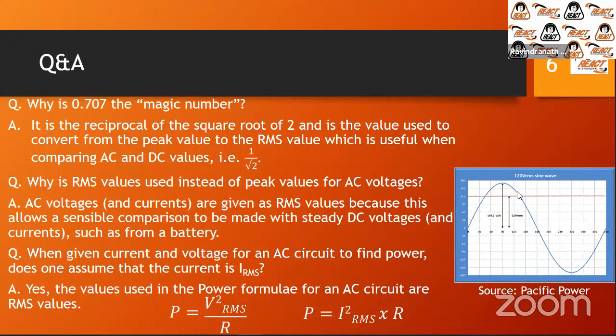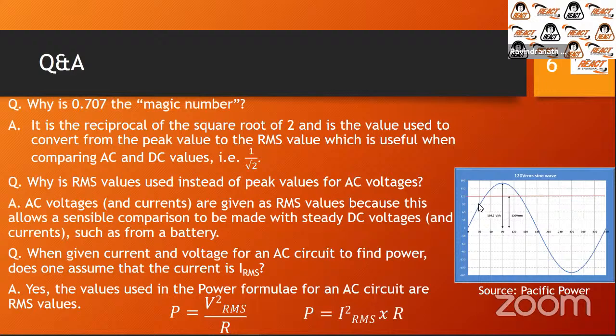So if you are getting a 120 volts AC supply, when the power company tells you it's 120 volts or 220 or 240 or 115 or 415, whatever voltage you get, that voltage is the RMS voltage that they're telling you about.